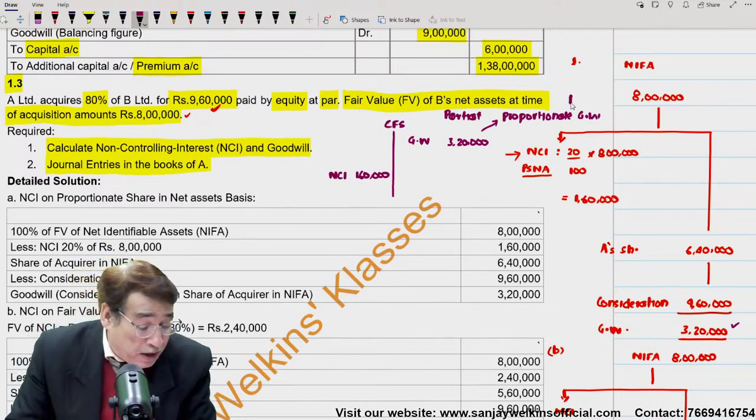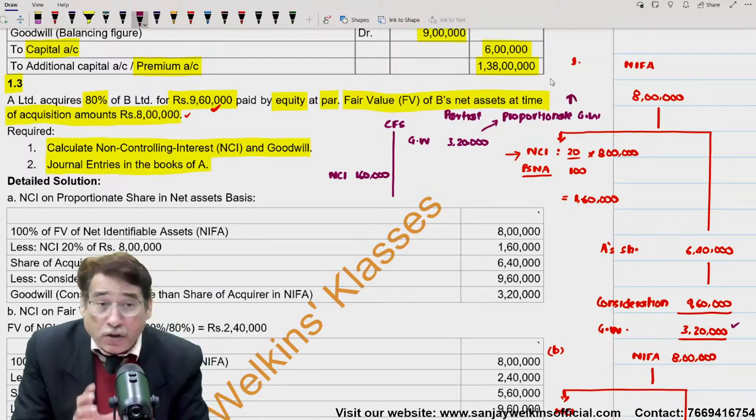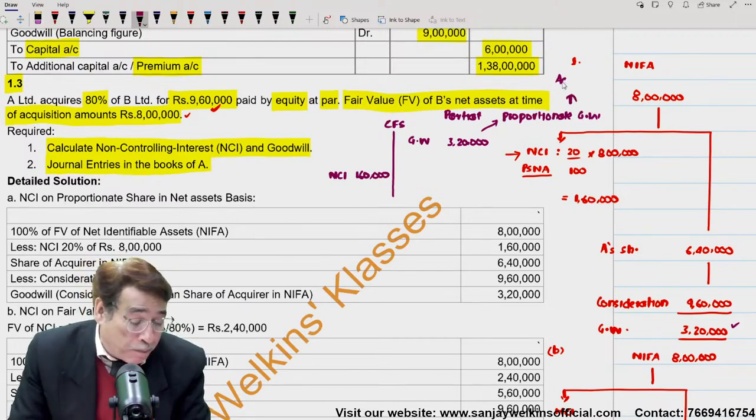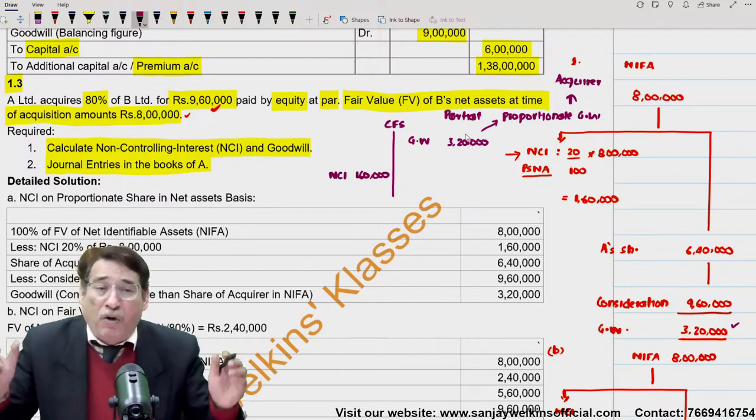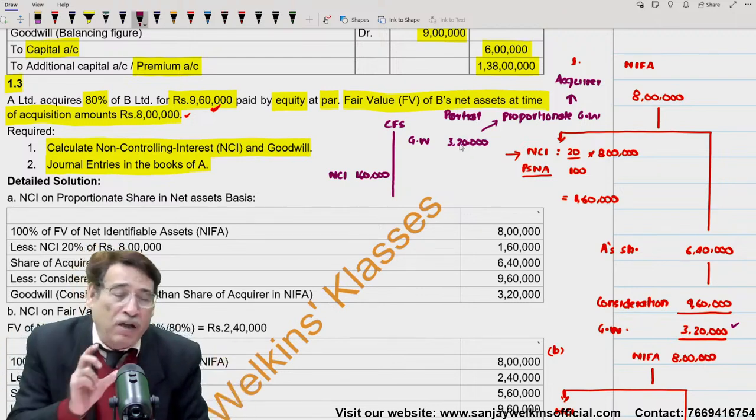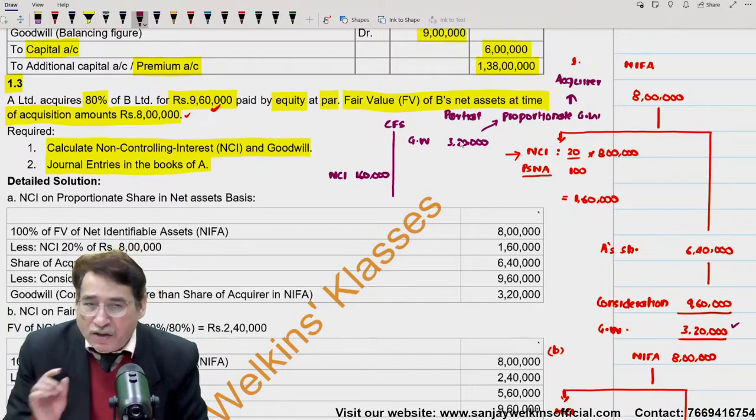What does it mean? It means this goodwill belongs to the acquirer only. In this goodwill, there is no share of NCI. Is it clear to you?